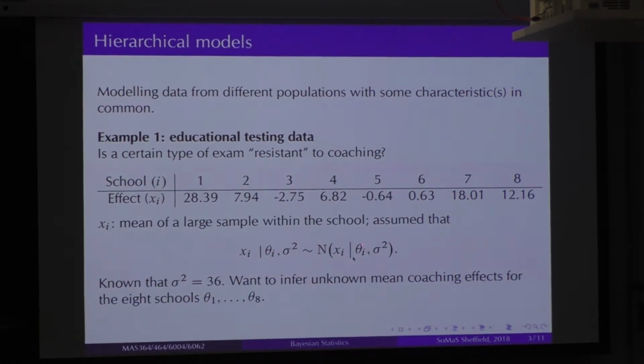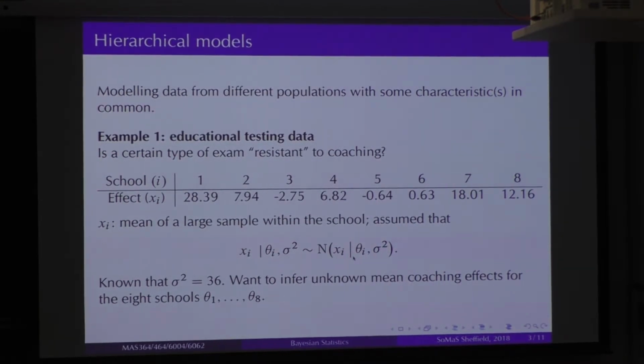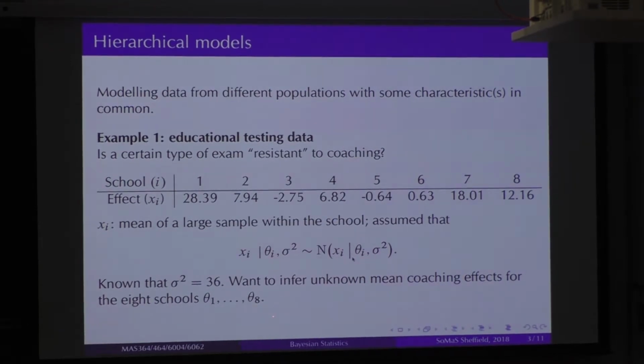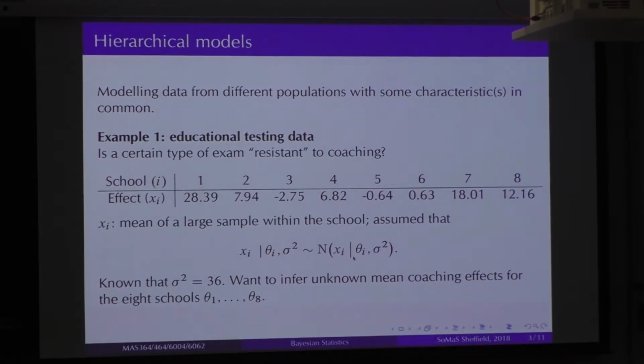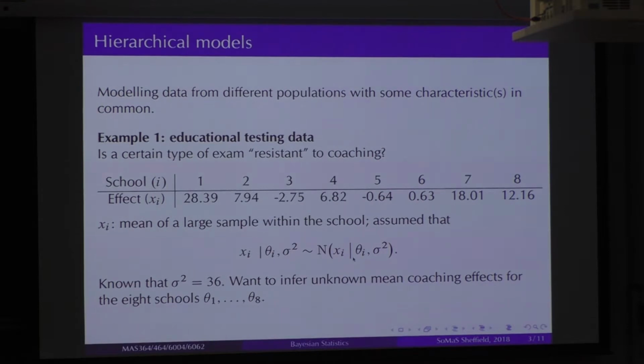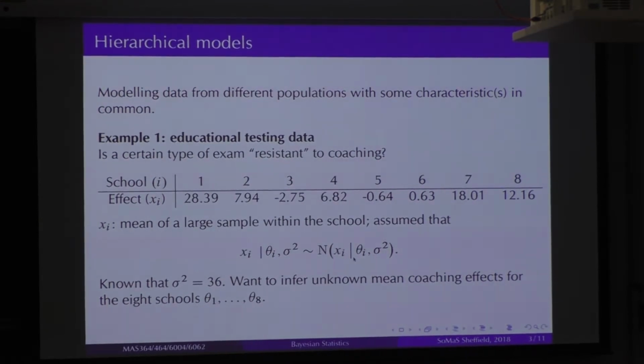So we can use that. The data are Gaussian. Theta i will be the mean effect of coaching on the marks. So if theta i is large and positive, then coaching has a positive effect on the marks. If it's large and negative, then it has a bad effect on the marks. And if it's close to 0, then the test is resistant to coaching. Okay, so that's the idea.